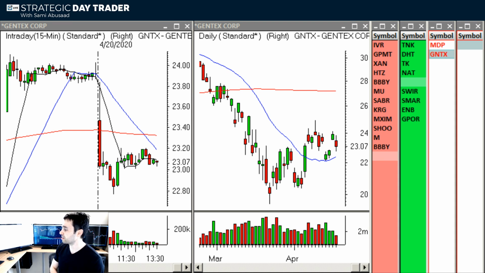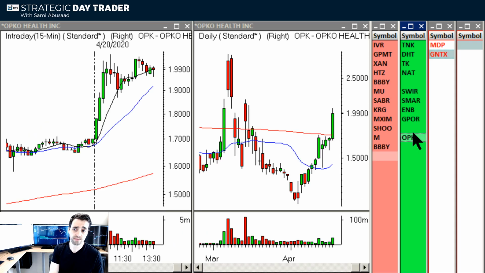Okay, looking at the healthcare stocks, biotech and whatnot, and pharmaceuticals and just healthcare stocks. They're very, very, very bullish today. Really, really bullish. But OPK, we want to look for things that are either basing, bullish and basing, or pullbacks.